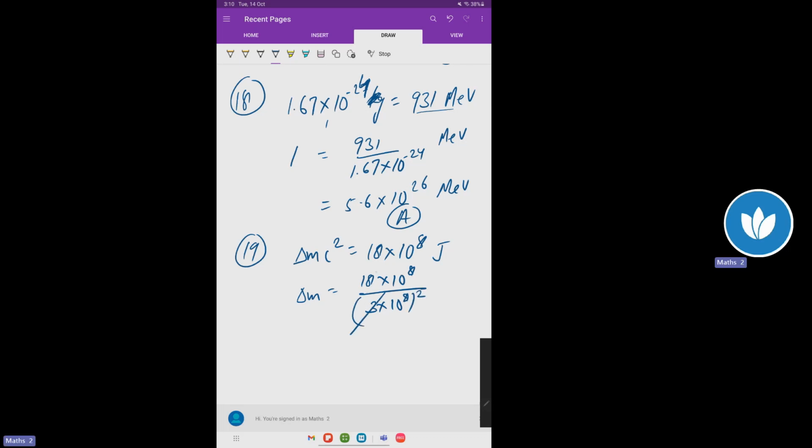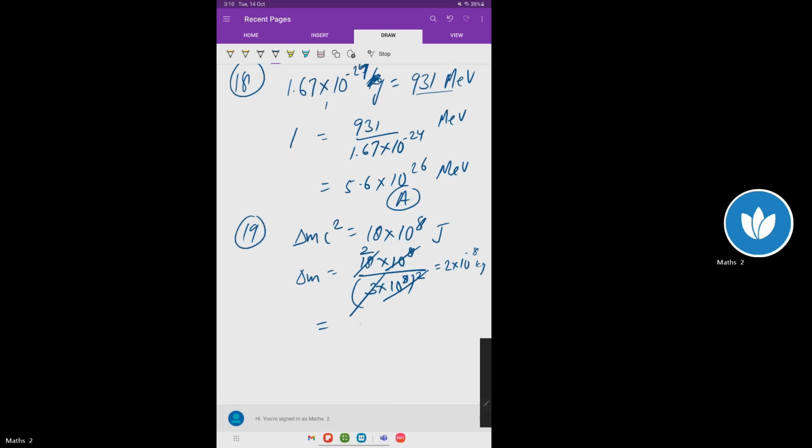This is 9 into 16, 8. So 2 into 10 raised to minus 8 kg. And in gram, 2 into 10 raised to minus 5 gram, or we can say 20 into 10 raised to minus 6 gram, 20 microgram. Option A.